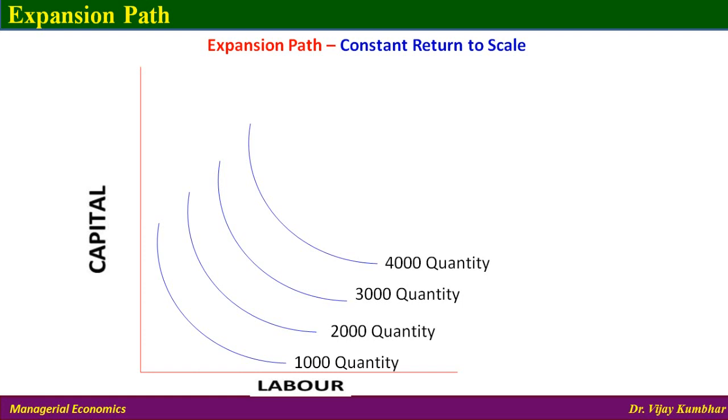If you want to produce 4000 quantity, again the isoquant will shift forward, and the distance between these two isoquants will be approximately the same due to constant return to scale. It means there is a constant change in the shifting of the isoquant. This is the expansion path in case of constant return to scale.